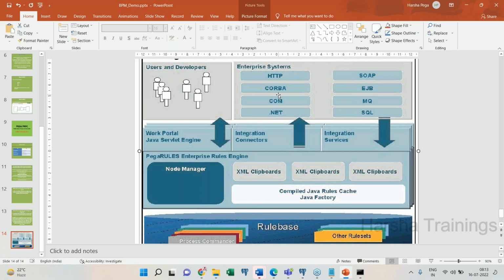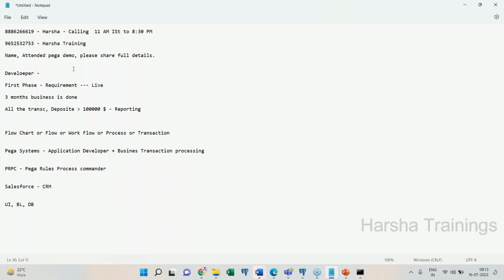It has all the components described in BPM methodology, and this is the architecture of Pega. Now all of you who have joined this session from the beginning might have a clear idea about what BPM is and its purpose, what Pega is and its purpose, why we call Pega a BPM tool, and a little bit of an idea about the architecture of Pega.